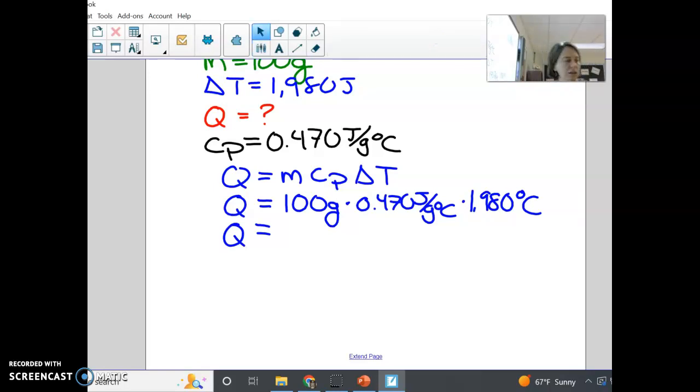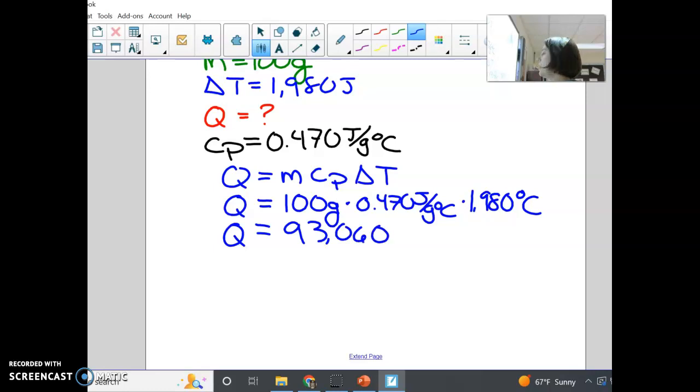Now I can grab my calculator. 100 times 0.470 times 1980 is 93,060. Today we are going to look at our variables.